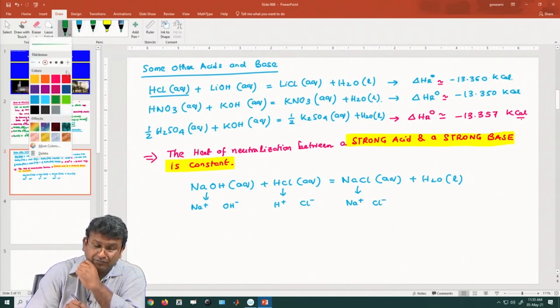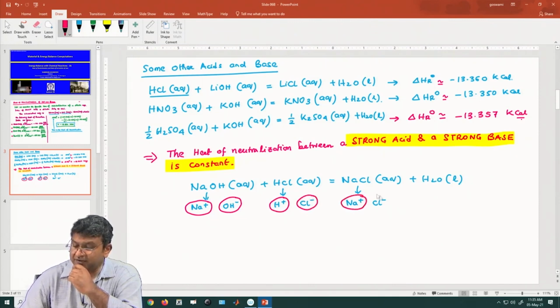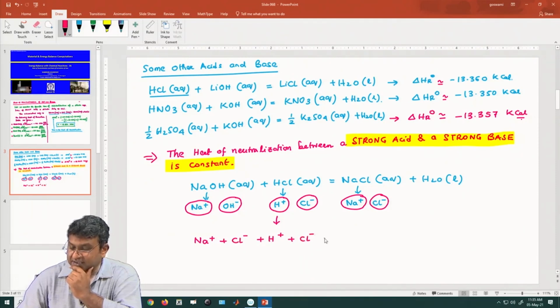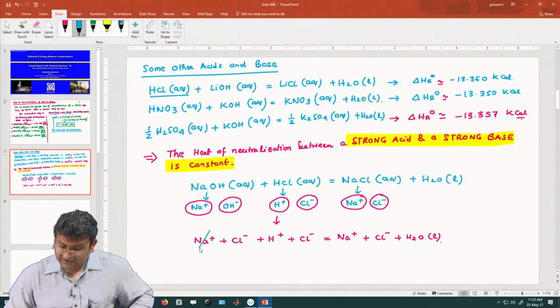So, therefore, when you put this acid and base together, the actual chemical reaction that is happening is Na plus (aq) plus OH minus (aq) plus H plus (aq) plus Cl minus (aq) is equal to Na plus (aq) plus Cl minus (aq) plus H2O (liquid), right.